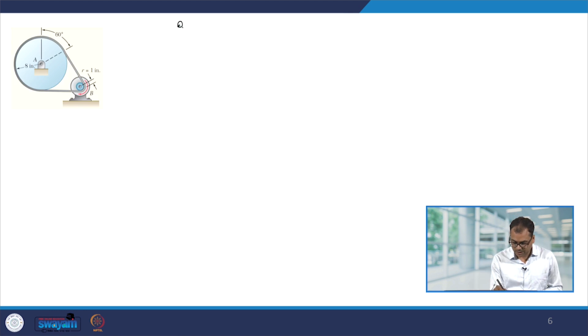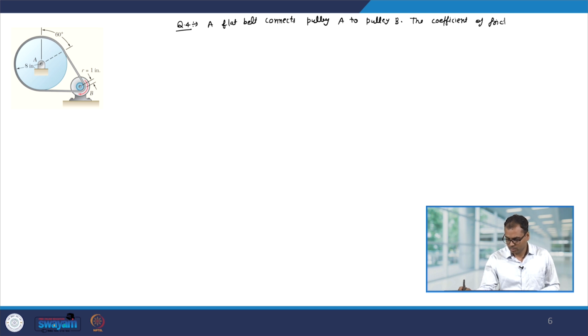So, here the problem statement is the following: a flat belt connects pulley A to pulley B. The coefficients of friction are mu s equal to 0.25 and mu k equal to 0.20 between both pulleys and the belt.